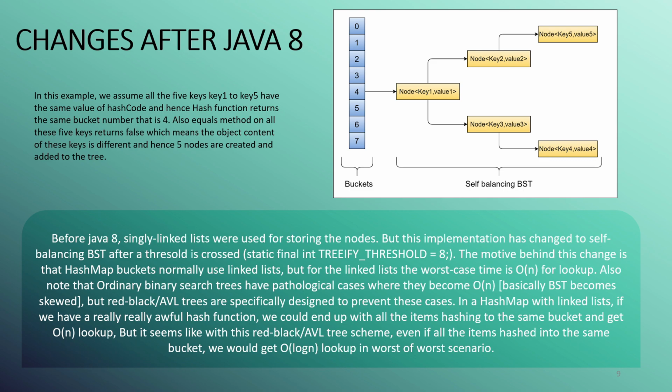Good case will be O(1), but in the worst case scenario, when there are a lot of entries or nodes on a particular bucket, that is what we call the worst case scenario. In case of singly linked list, which is present up to Java 7, it will have O(n) complexity, whereas in Java 8, it has been moved to a self-balancing binary search tree. In that case, it will have O(log n) complexity as the worst case scenario.